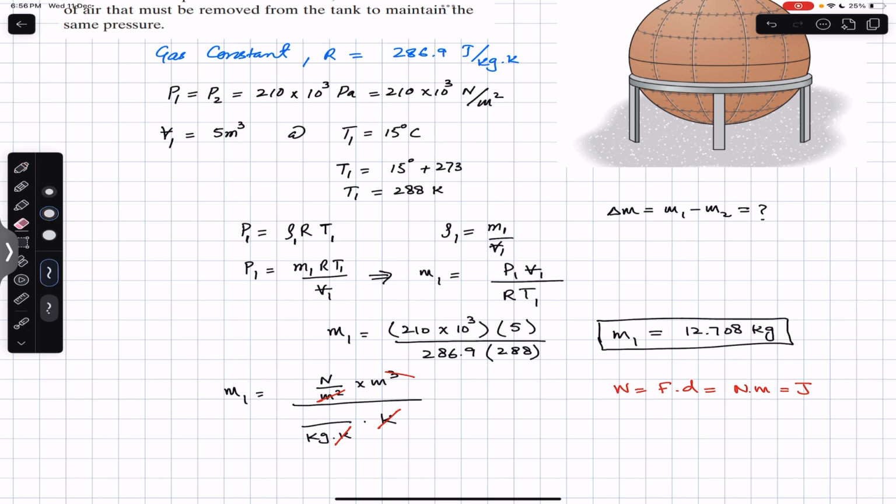Now Newton cancels out with Newton, and meter cancels out with meter, and we are only left with 1 over kg. If we rearrange this, we get the units of kg for the mass.